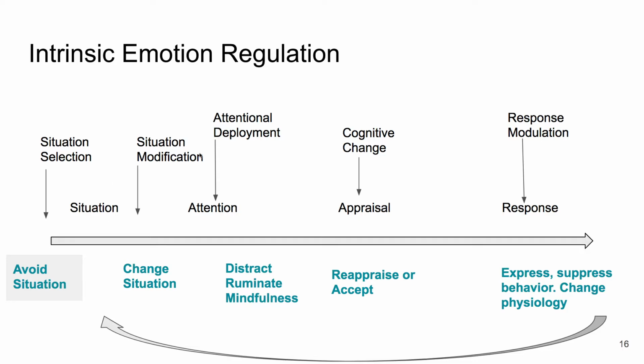I do want to talk about situation modification, which often gets left out in the literature, and also situation selection. Situation selection might be just avoiding the situation altogether or changing the situation. Say that you are in a really toxic working environment.